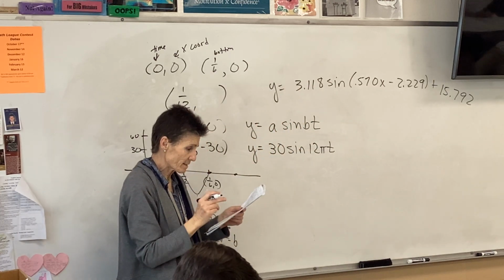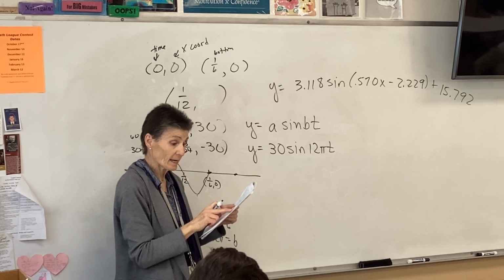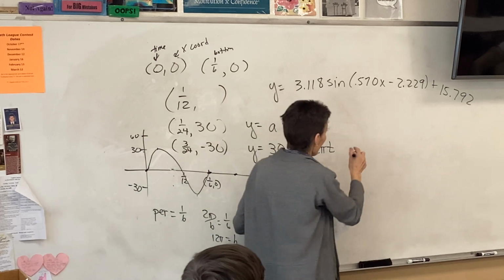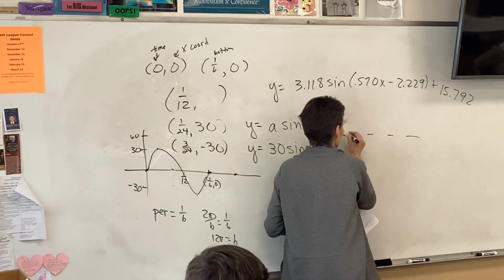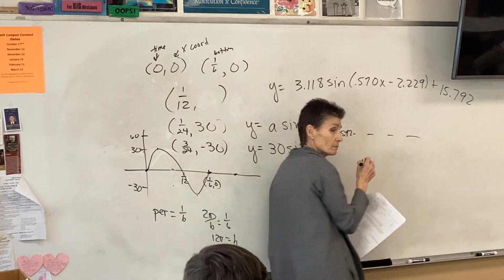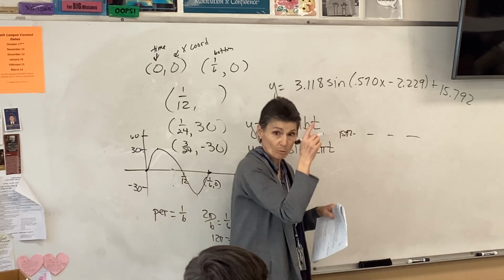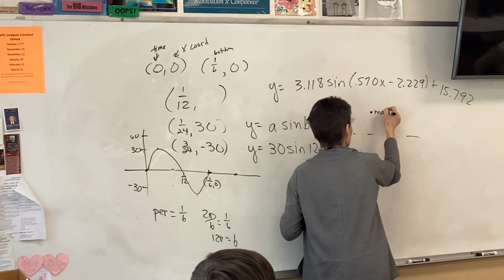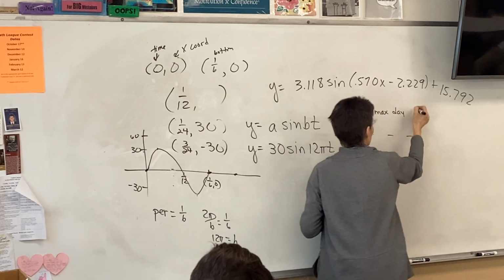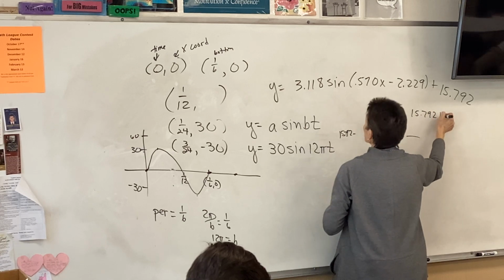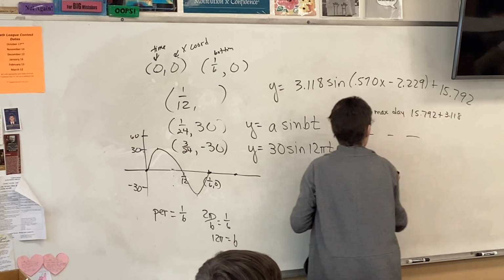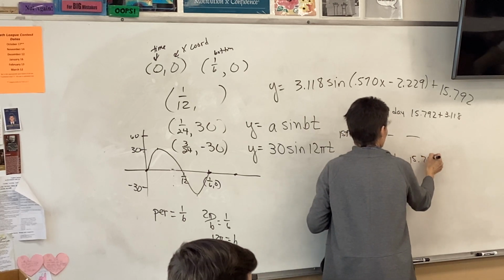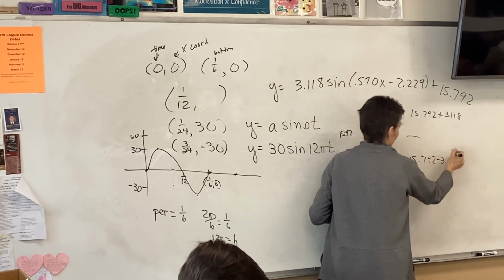Okay, so what was this? This was the number of daylight hours. Okay, so I know my midline is at 15.792, and my amplitude is 3.118. So the maximum daylight hours is going to be 15.792 plus 3.118, and the minimum day would be the same thing, only minus. Does that make sense?